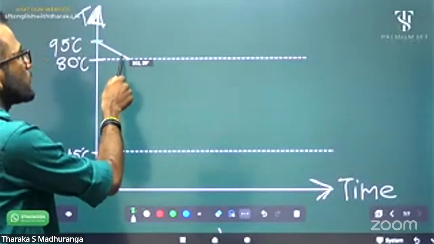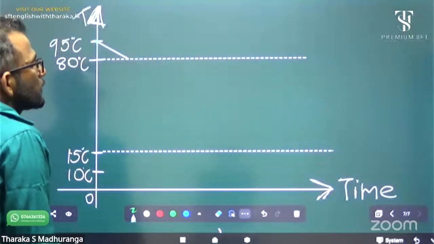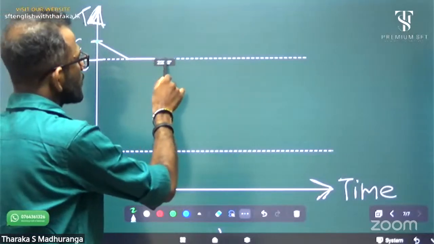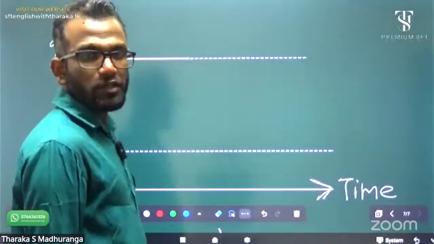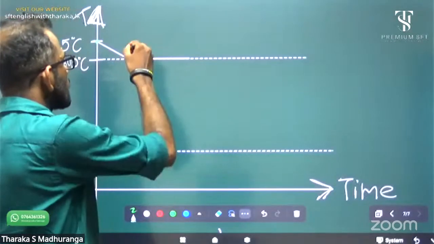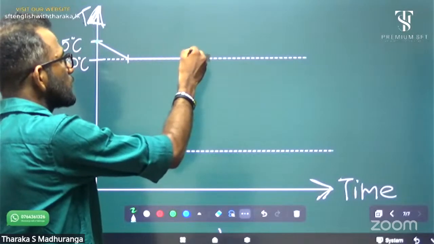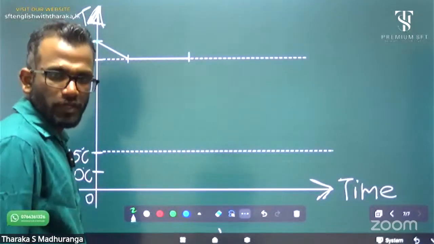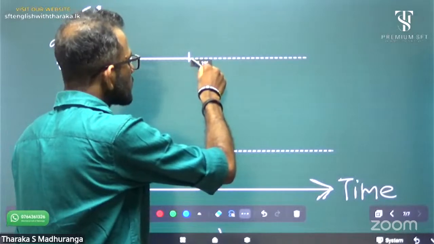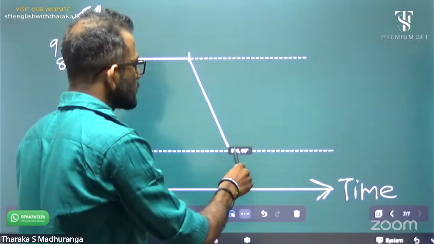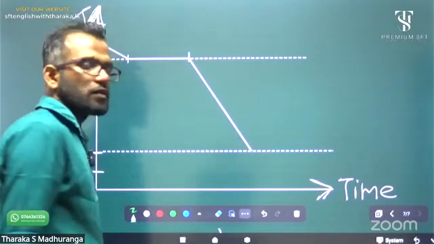Now, gradually the temperature decreases up to 80 Celsius. At 80 Celsius, it takes some time and converts into what? At 80 Celsius, it takes some time and converts into liquid.